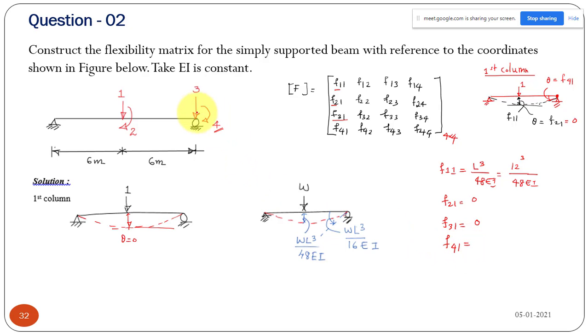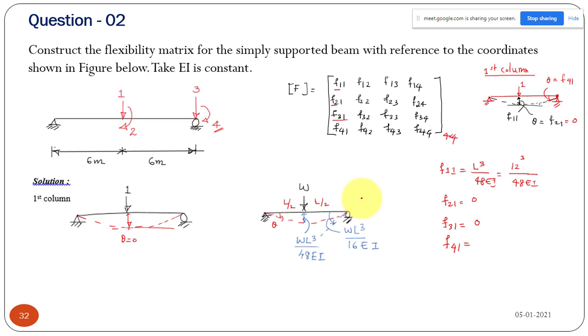Okay, and next we can find a displacement at 4 due to unit force at 1. Displacement here means the clockwise rotation at this support due to this force. If you apply load W at the center of your beam, so this is L by 2, it is also equal to L by 2. So the maximum deflection will be WL cube by 48 EI at the center, and the rotation theta at the support will be WL square by 16 EI. I think it should be WL square.